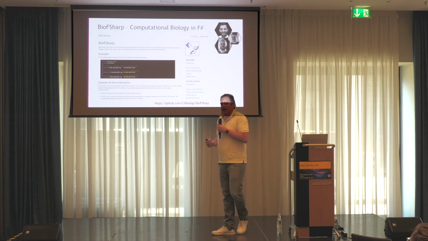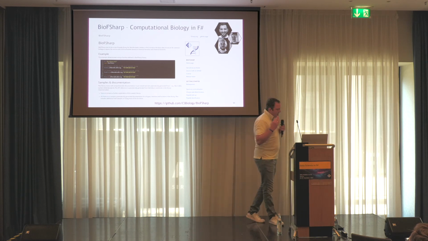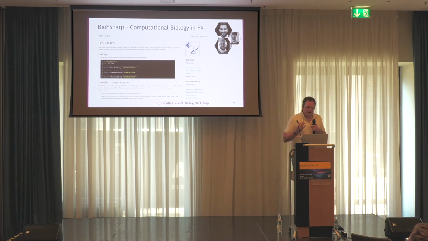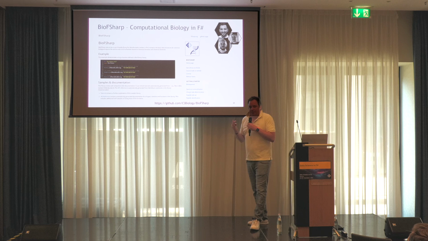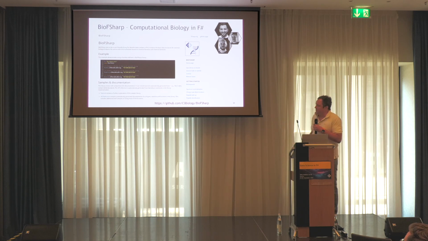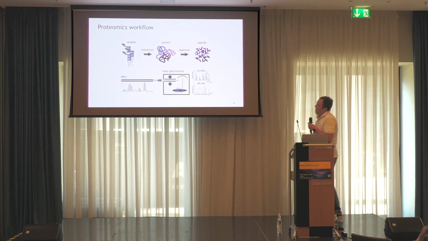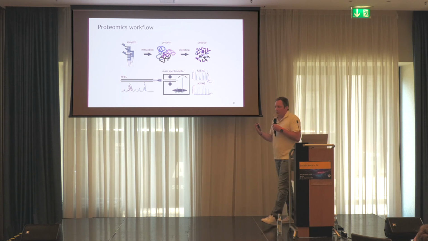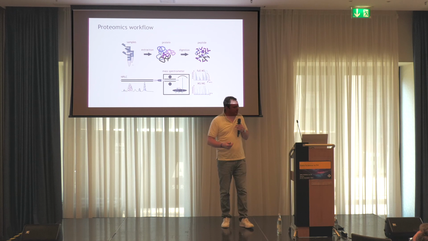This is the starting point, and these kinds of functions you find in a library which we started. It's BioF#. It actually was my first attempt in F#, and David, Kevin, and Johnny continue developing this. There you find all these functions to model biological processes and work with biological data.